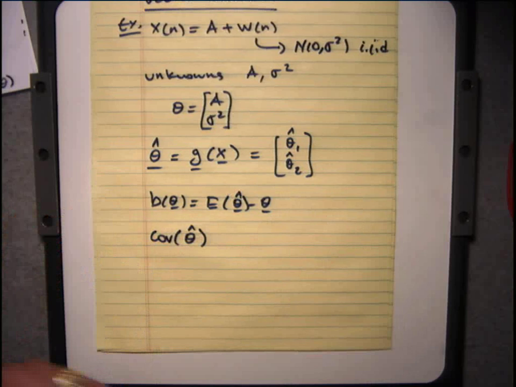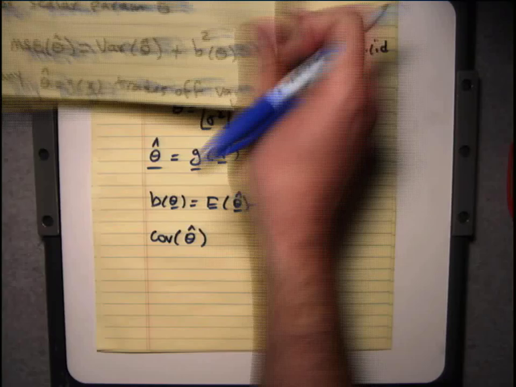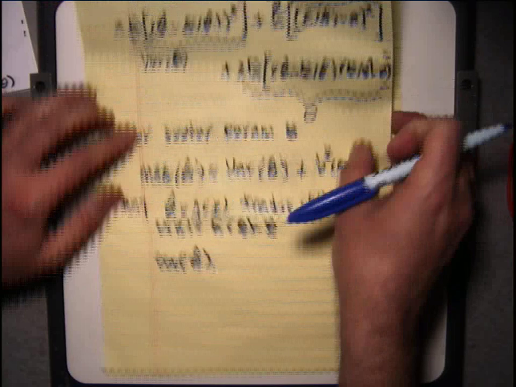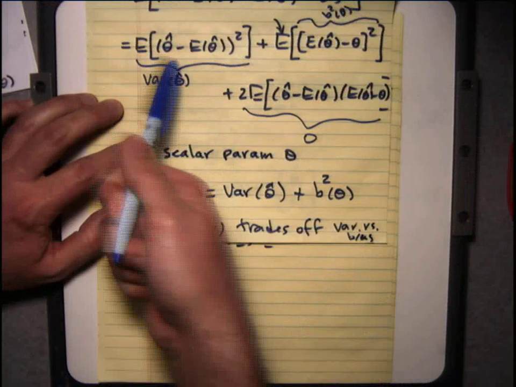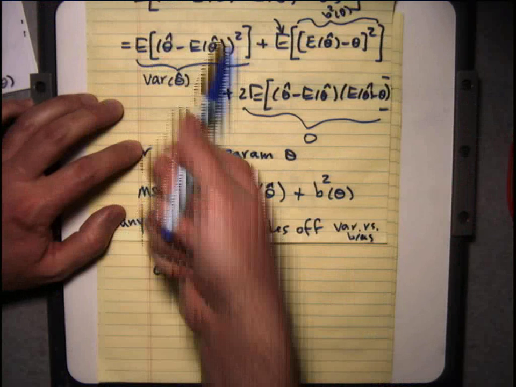Let me go back just for a second. Note here that the variance was the expected value of theta hat minus E of theta hat, squared.